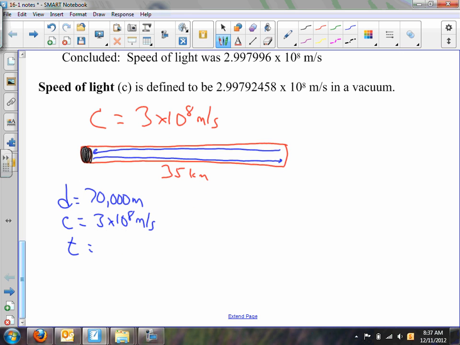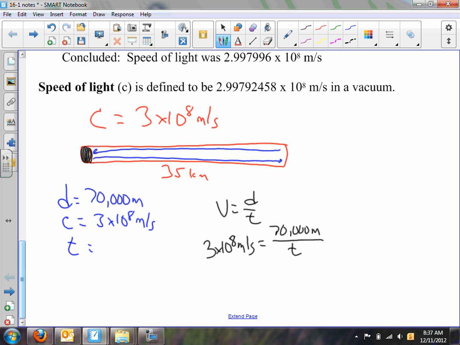I would just use my velocity equation, distance over time. In this case, the velocity is the speed of light, so 3 times 10 to the 8th meters per second equals 70,000 meters divided by the time.